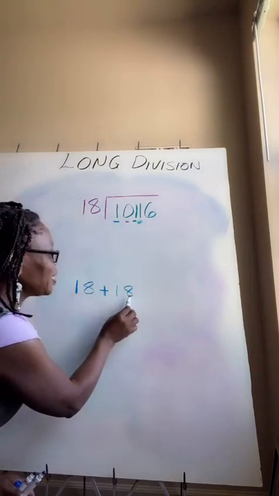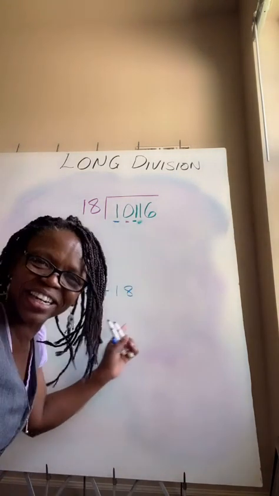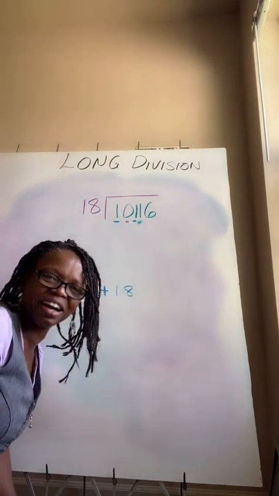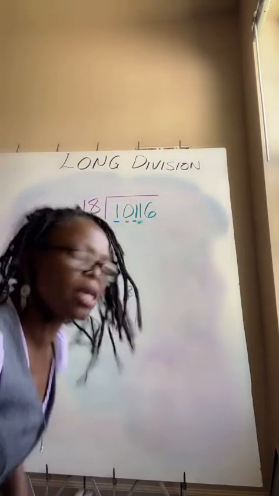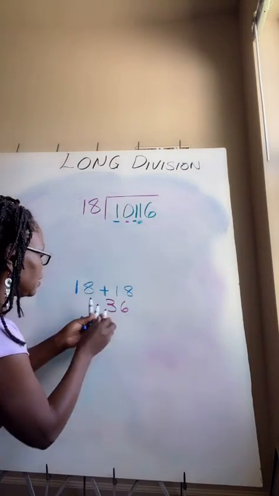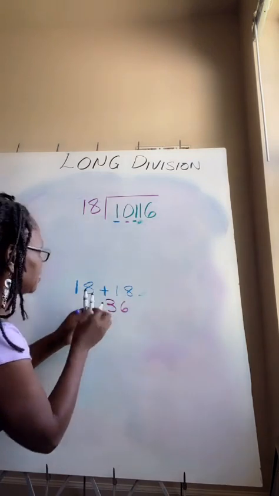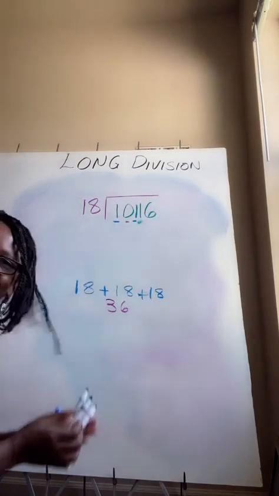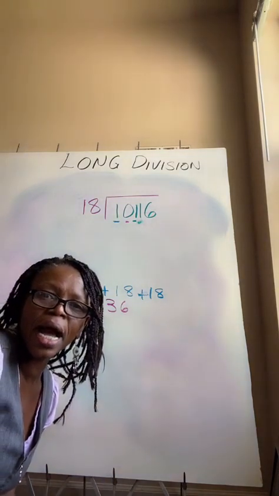Okay, what's 18 plus 18? What's 18 plus 18, friends? Okay, it's 36. Let's add another 18.